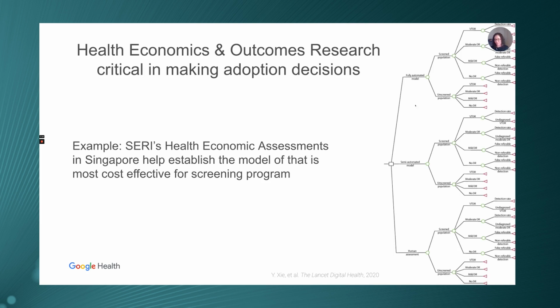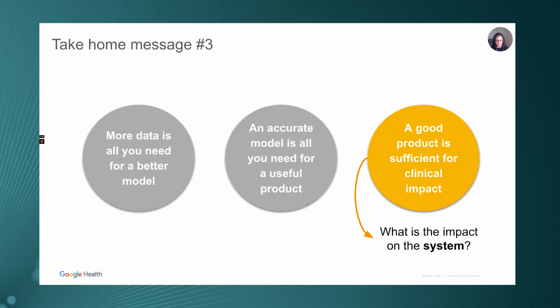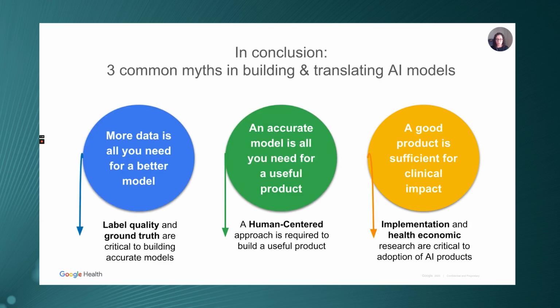And just very briefly, they compared fully automated models to semi-automated, so human and machine, to only human. And the bottom line of this work was actually that the semi-automated, human and machine working together, was the most cost effective. So it's not just about having a good product, it's also about how can we affect the system and how can the system uptake such products and use them.